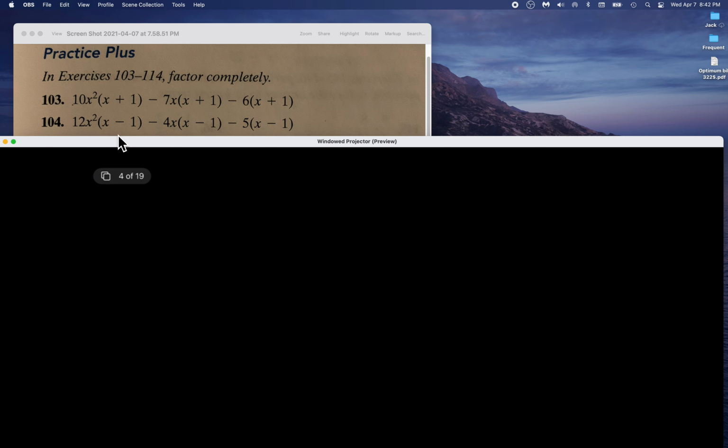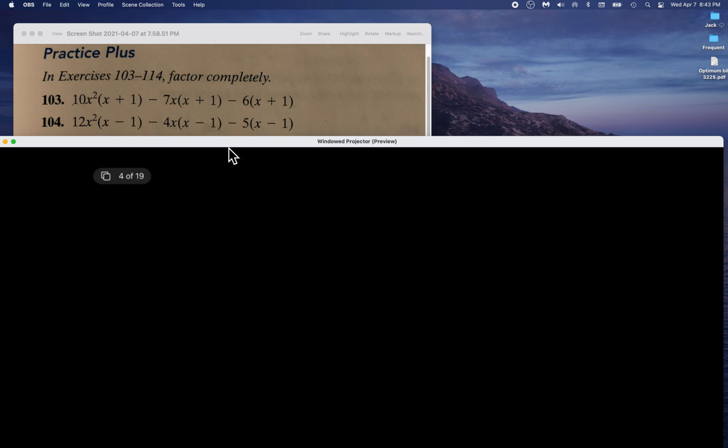They want us to factor this. That means we turn all these terms into just factors. So the first thing I'm going to do here is pull out that greatest common factor, which is x minus 1. That is going to leave us with 12x squared minus 4x minus 5.